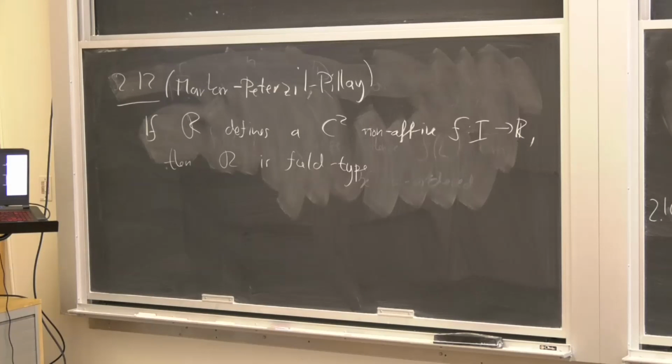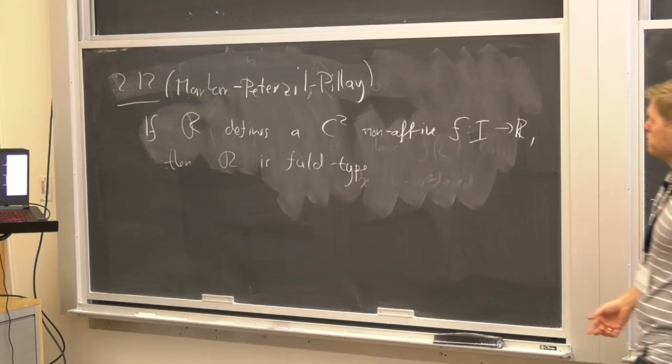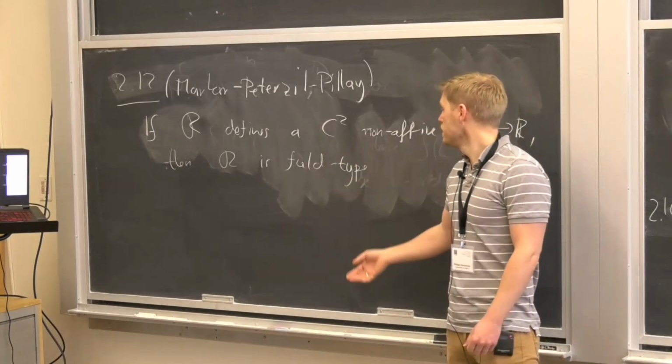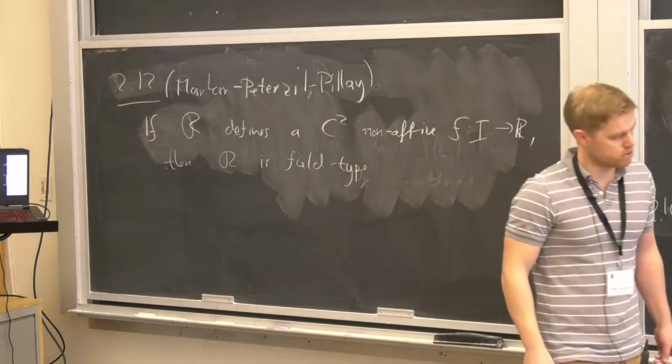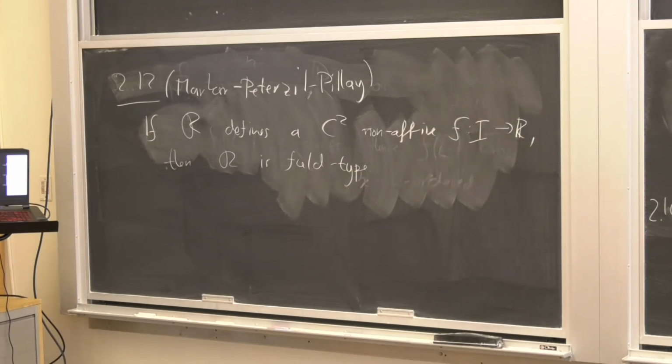You take a function, let's say from R to R, you apply this generic differentiability, and make sure that on each of these complementary intervals it's C2, and then you get field type. So this gives you that outside a non-affine set, you really get this kind of linearity.